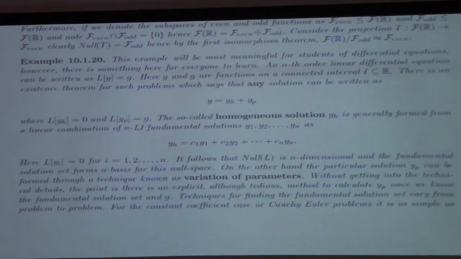So you don't work on the set of solutions. You work on the set of solutions mod the homogeneous solutions. You treat all the homogeneous solutions as the same thing, and in so doing you obtain an invertible map, not on functions, but on equivalence classes of functions, where they're the same up to a homogeneous solution.